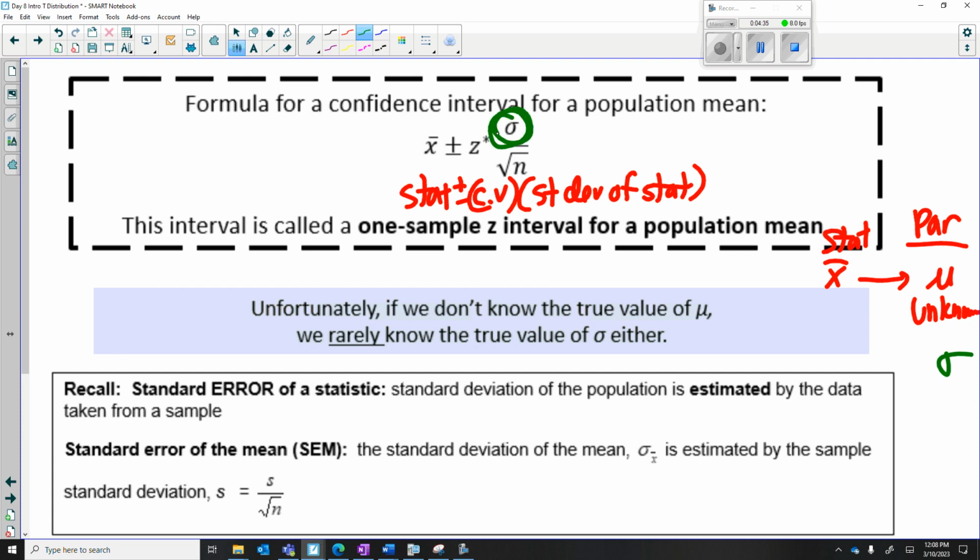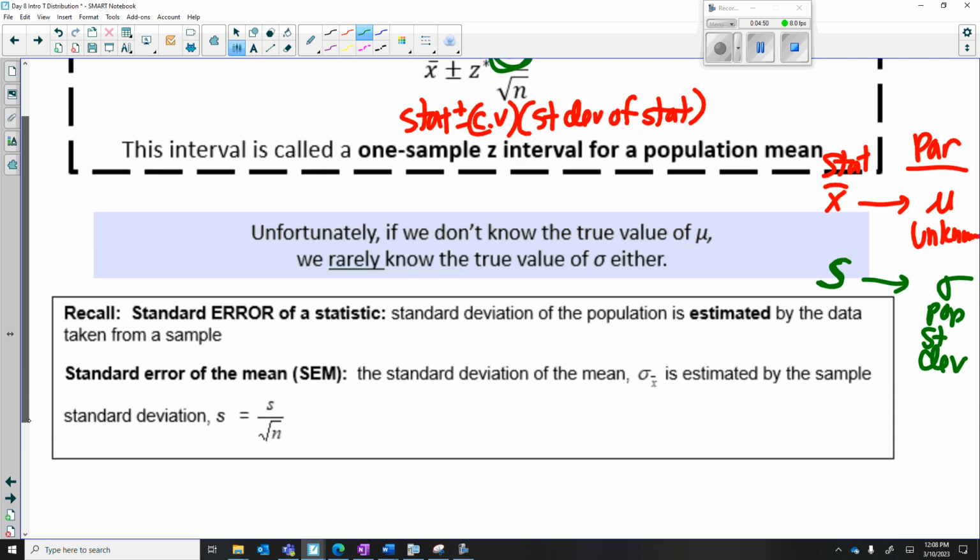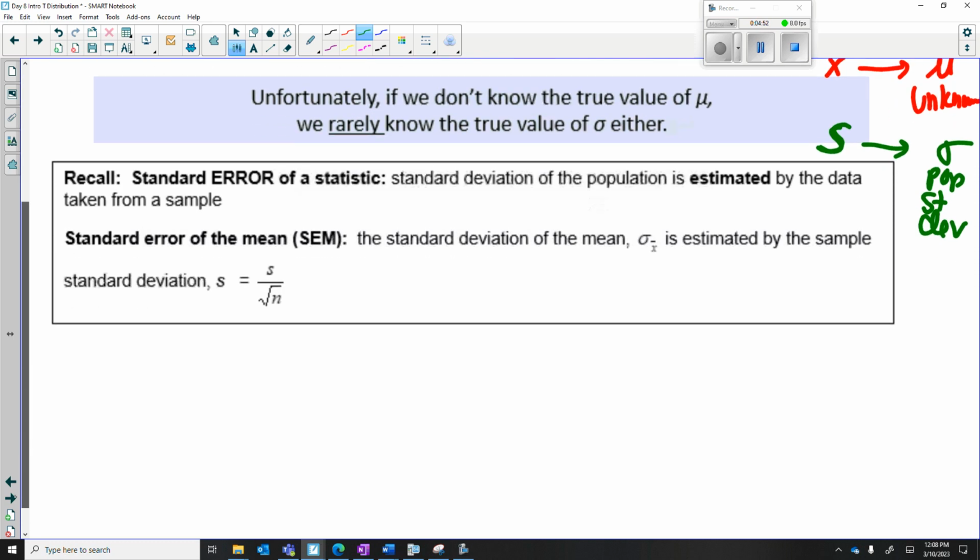If we don't know it, we have to replace it with the sample standard deviation, which is called S. Because of that, there's some error present, and it's going to be called, instead of standard deviation, the standard error of the statistic.